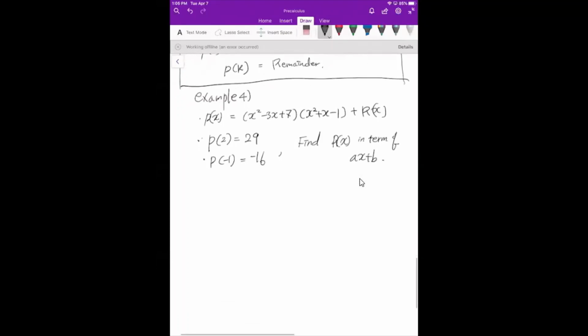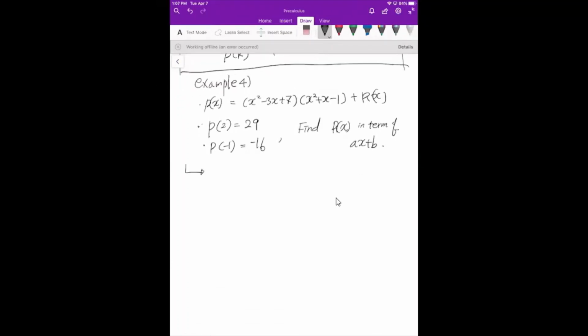So now your remainder is not a constant term, it is ax plus b. What does that mean? When you plug in 2, you have (2 squared minus 6 plus 7) multiplied by (2 squared plus 2 minus 1) plus 2a plus b, which is 29. And then when you plug negative 1 instead of x, what do you have?